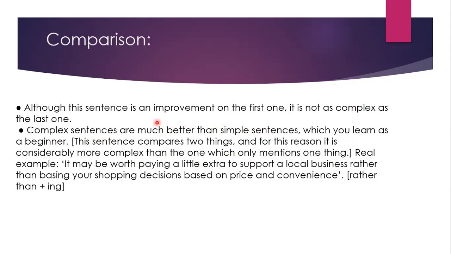So here you added much and then. So you compare two sentences here. A complex sentence was compared with what? With a simple sentence, which you learn as a beginner. This sentence compares two things and for this reason it is considerably more complex than the one which only mentions one thing. That is, the more things you compare, the more complex it can become.